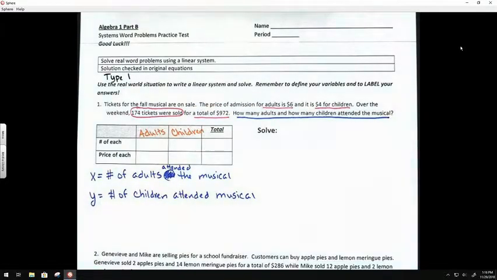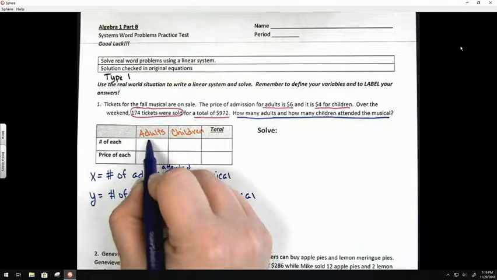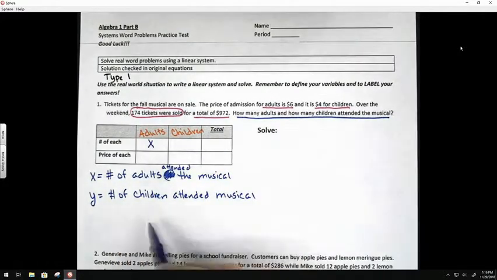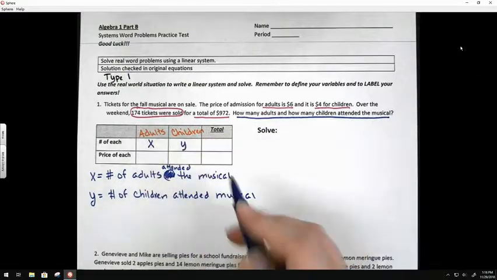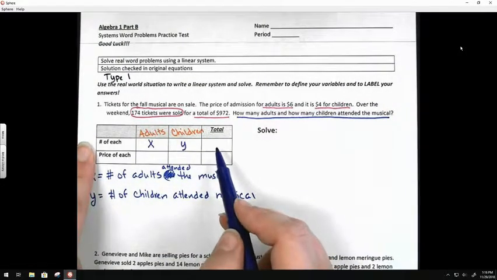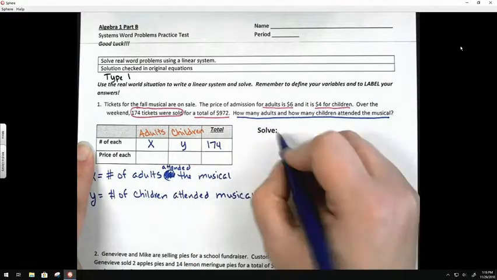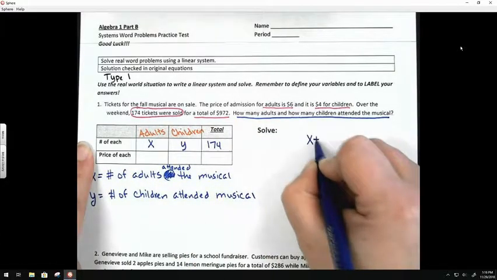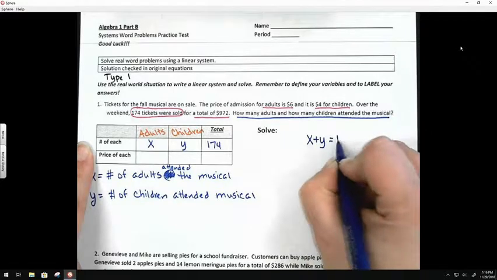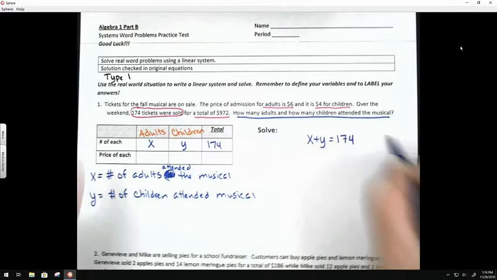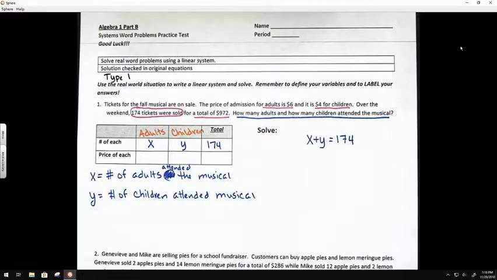So we decided that the number of adults is x, the number of children is y, and the total number of tickets that were sold is 174. So our first equation is just x plus y equals 174. That's the equation that deals with the total number of items.